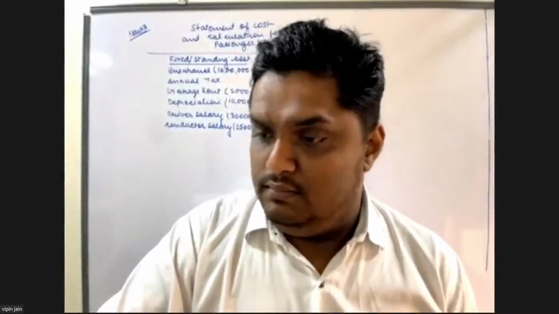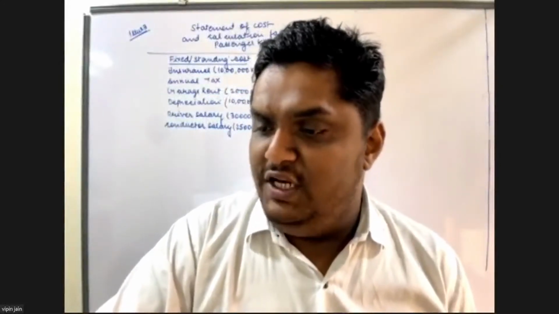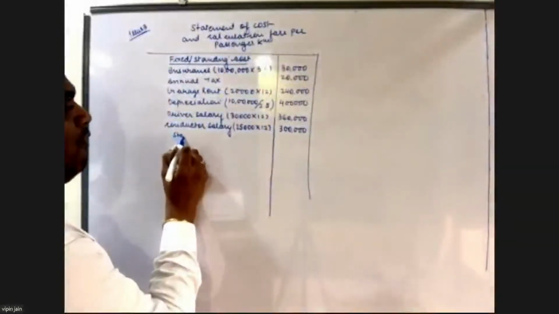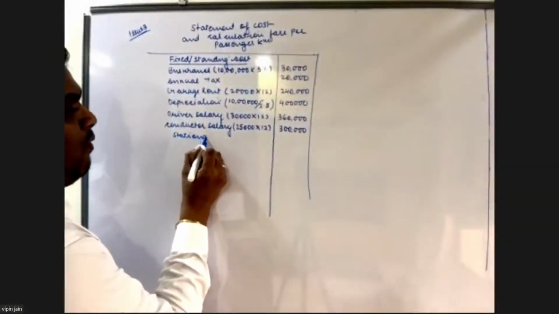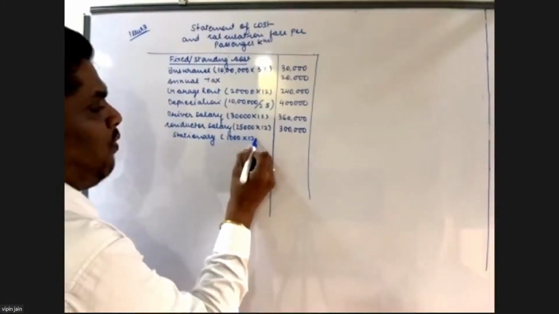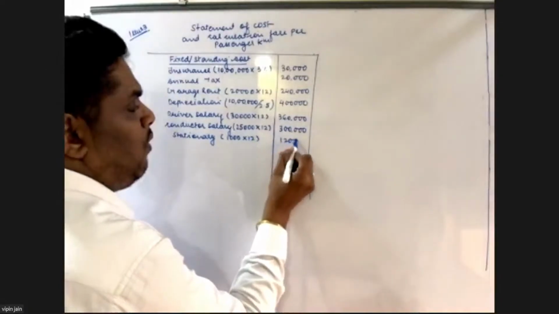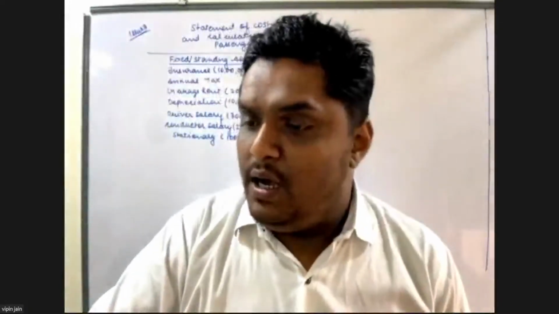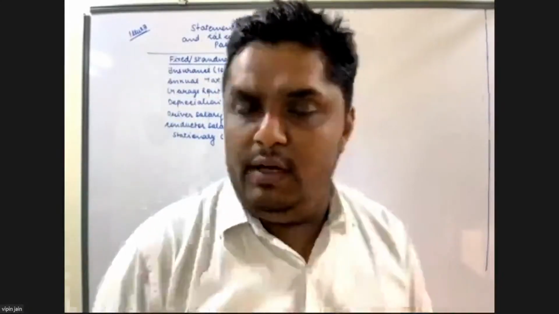Further, cost of stationery is 1,000 per month. Manager cum accountant salary is 17,000 per month.